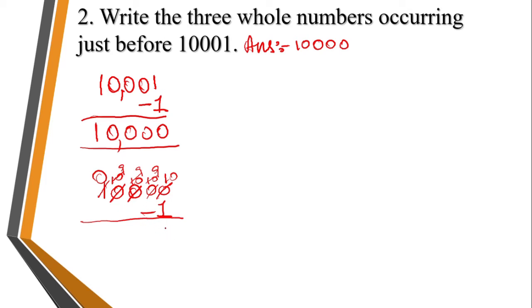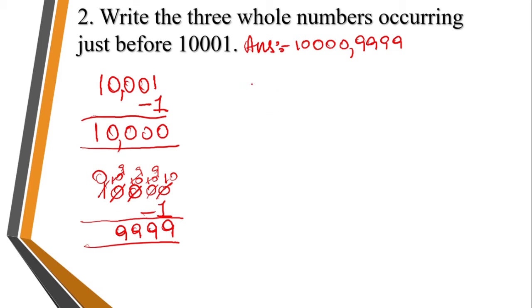So we will not subtract anything. And here we have 0 remaining. Now if we add 0 also, it doesn't have value when it's on the left side, right? So we will get our next number as 9,999.